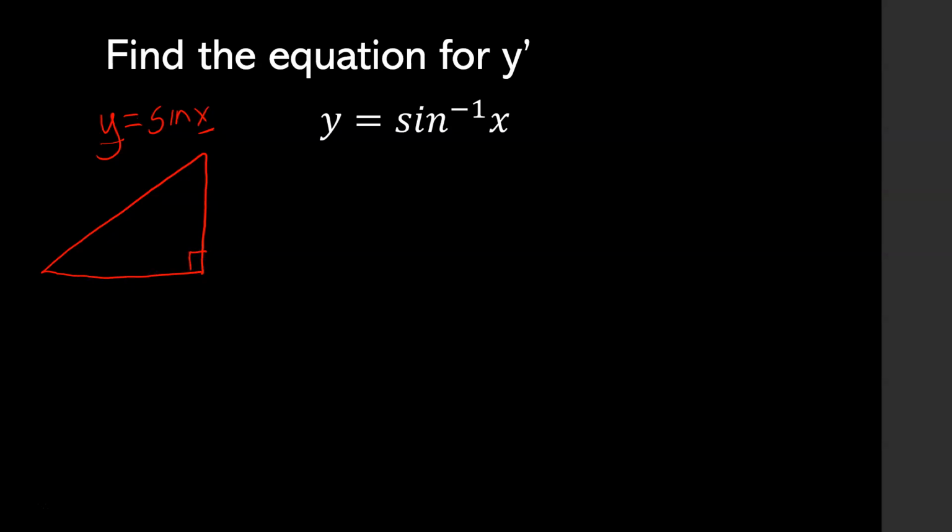Well, sine takes an input that's an angle and has an output that's a ratio of sides. So sine of this angle x is apparently y over 1. You've probably memorized that sine is the side opposite in a triangle divided by the length of the hypotenuse.